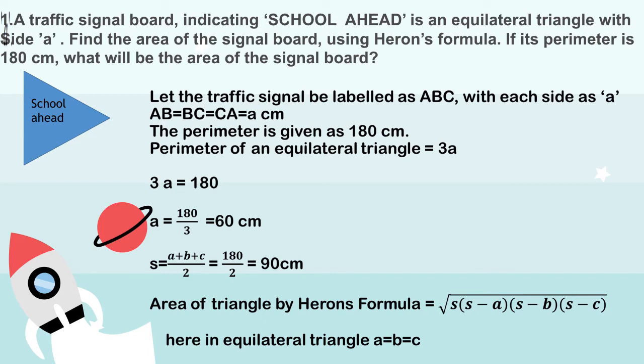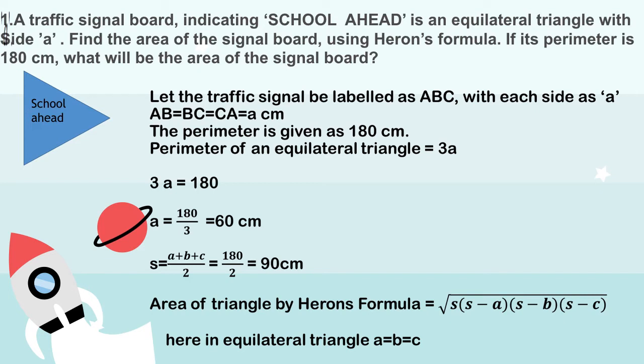There is a traffic signal on the roadside. It is triangular in shape and you are given the perimeter of the triangle, and you are also given that the triangle is an equilateral triangle. So when the triangle is equilateral, what do you understand by this? All sides are equal. So let the sides be A, and the perimeter is given to be 180 centimeters.